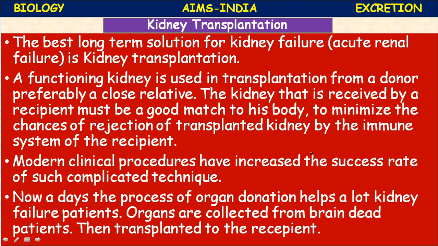Whenever an accident occurs, if the relatives accept, then the donor's kidney can be taken. It is placed in a required position in the abdominal cavity, just beneath the failed kidney. The old or damaged kidneys may be removed surgically.